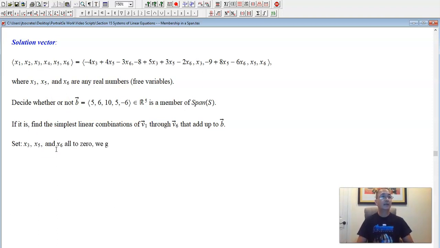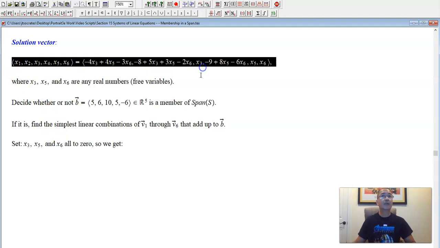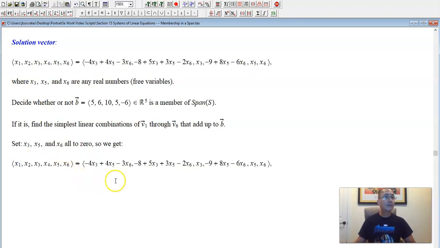And so we get, as our solution vector, let's copy this whole thing. All of the three variables will be 0. So nothing survives in the first component. All we get is 0. In the second component, only the minus 8 survives.